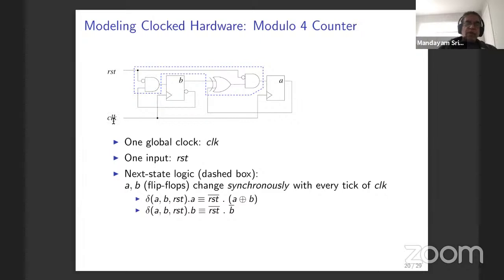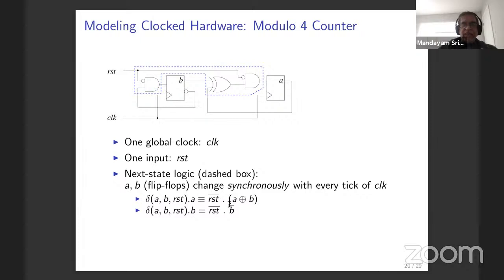We are throwing away the clock by making each transition correspond to the state changes corresponding to 1 tick of the clock. So the next state for this system is a function of the current state as well as the input, and that's what is given here by the delta function.